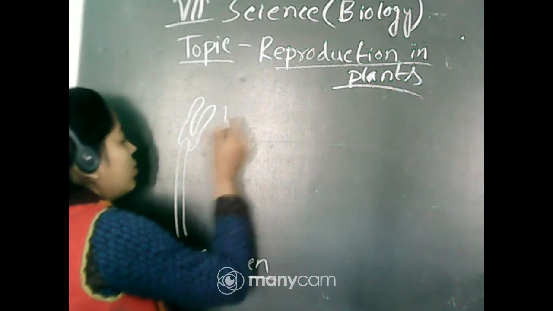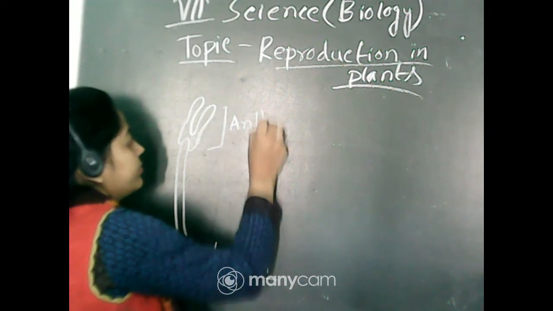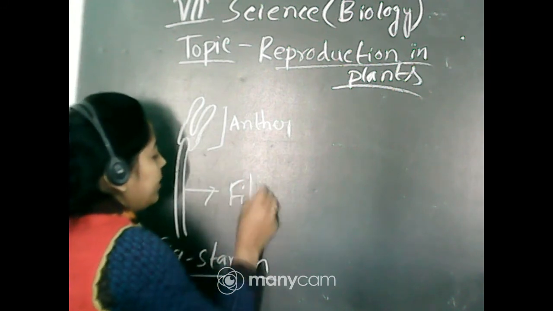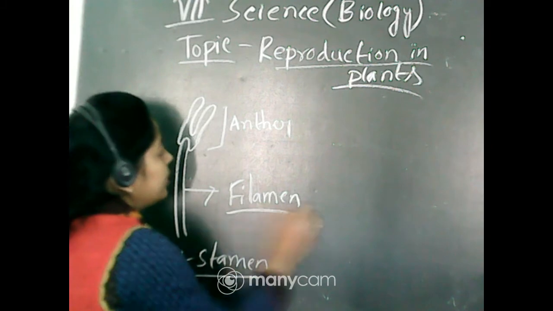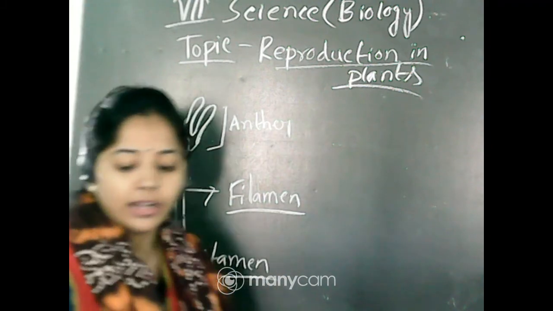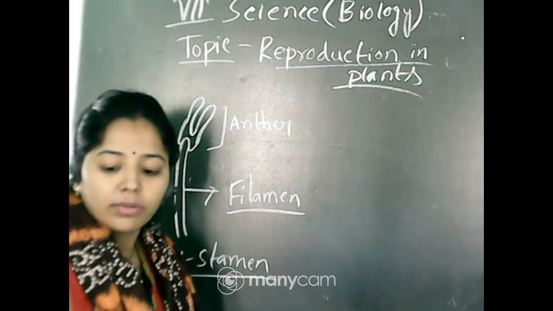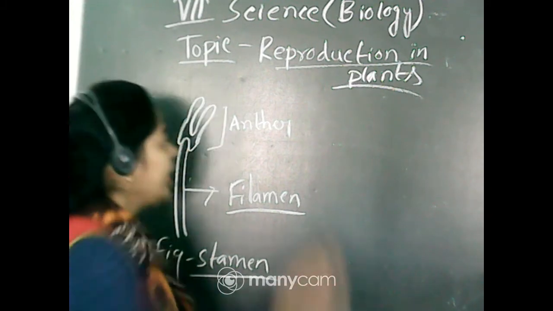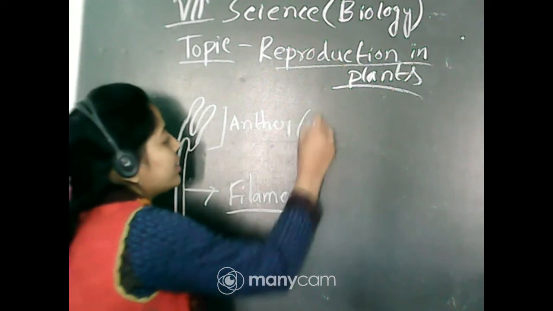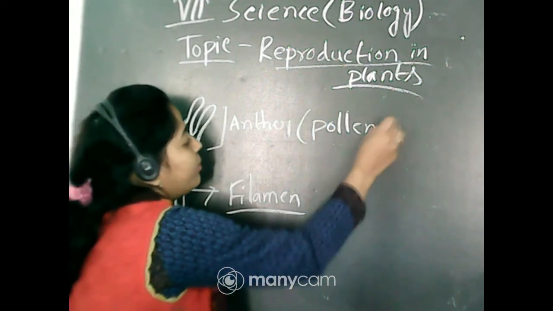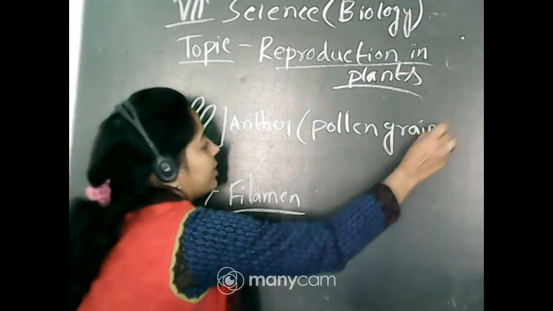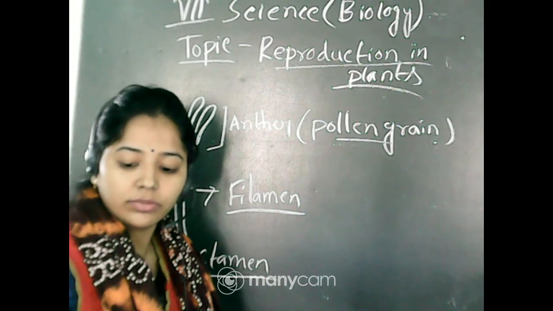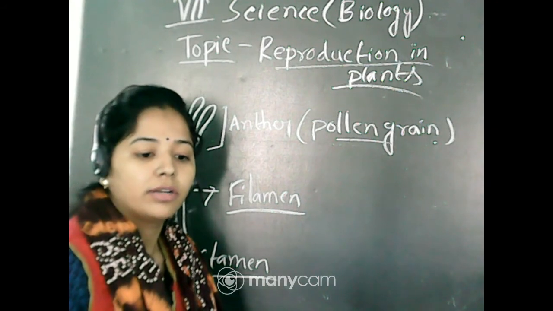This part is called the anther, and this long portion is called the filament. The anther contains pollen grains, and these pollen grains produce male gametes.